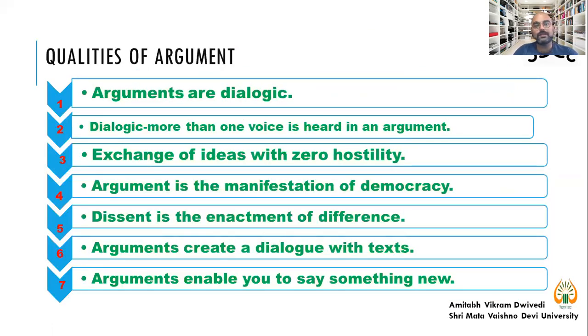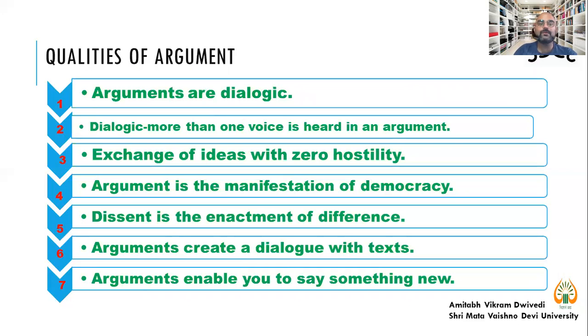Now let's look at the qualities of an argument. Arguments are dialogic. Now, what is the meaning of dialogic? In an argument, you will find more than one voice. That means an argument is a dialogue and not a monologue.